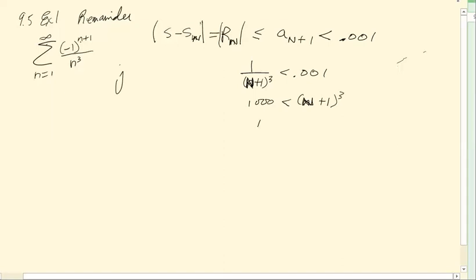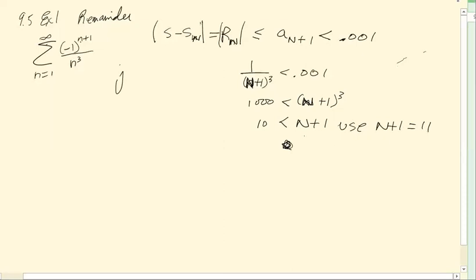So if you take the cube root here, you're going to have that n+1 has to be greater than 10. So we would want our n+1 to be equal to 11. Okay, so use n+1 equal to 11. That means we need 10 terms.